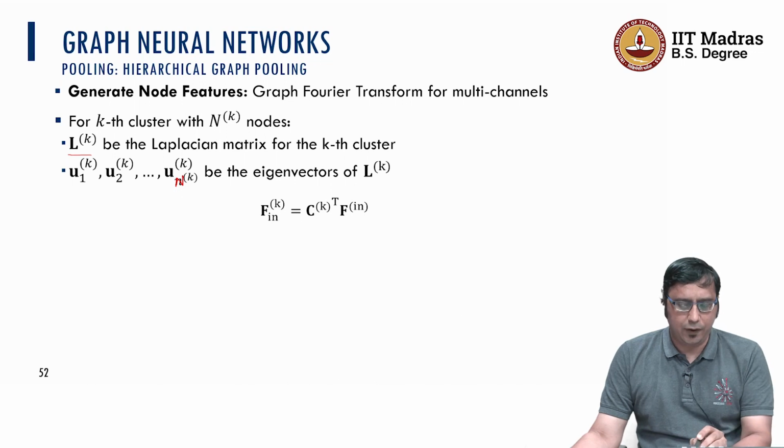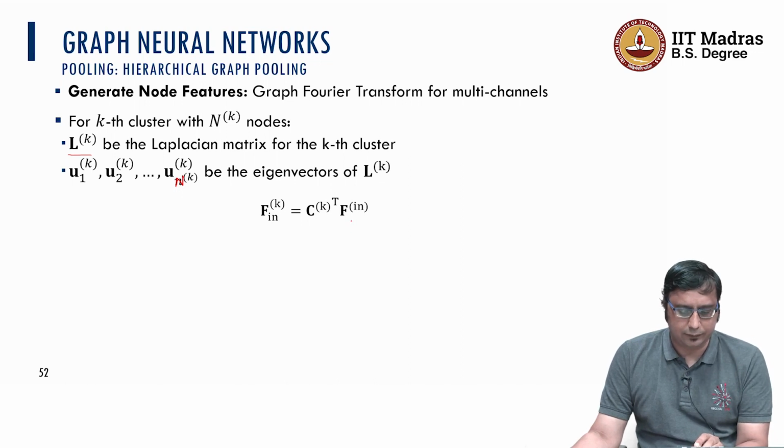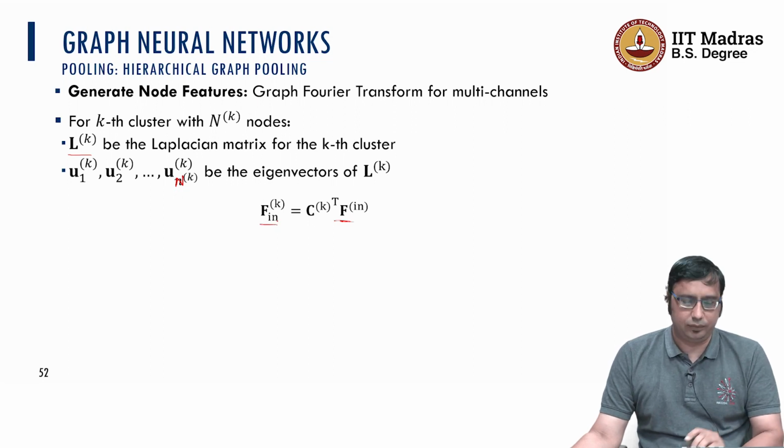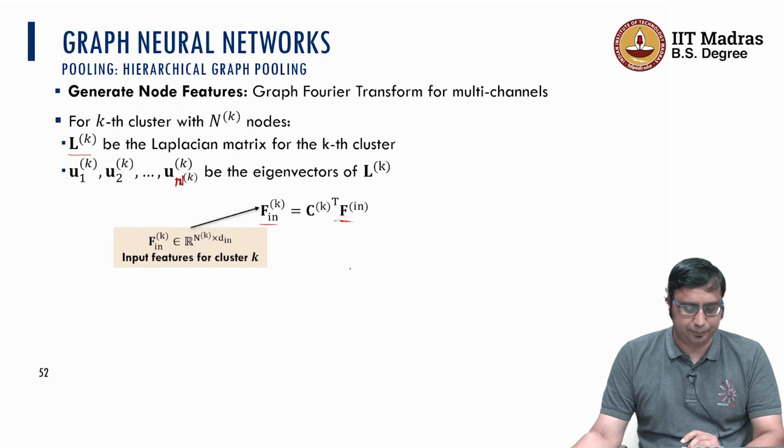What we are going to do is first filter the input feature using our sampling operator and get f_in^k, which is the feature corresponding to the n_k nodes in the kth cluster.